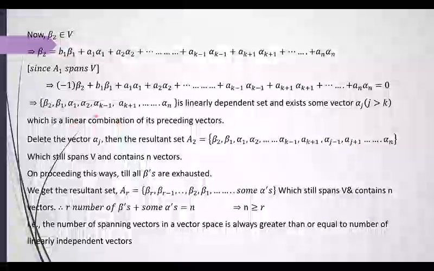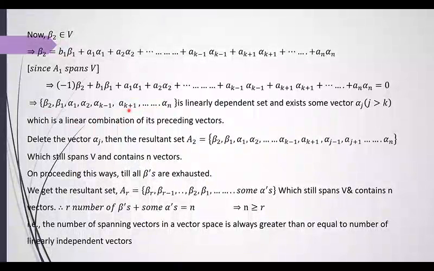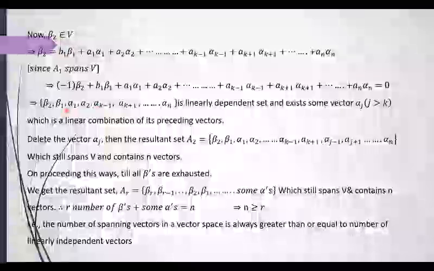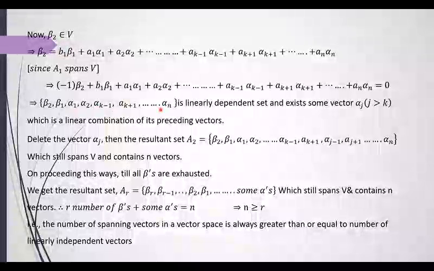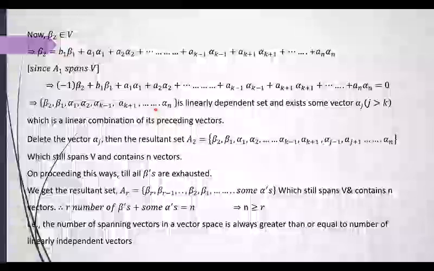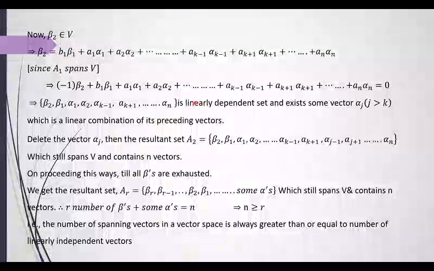Again, from this set we can take one vector which can be deleted, because here we should have n vectors. Beta 2 included means it becomes n plus 1 vectors. So we are selecting alpha j, where j is greater than k.